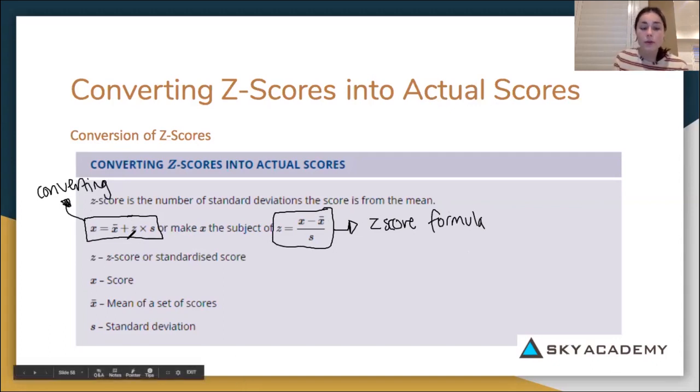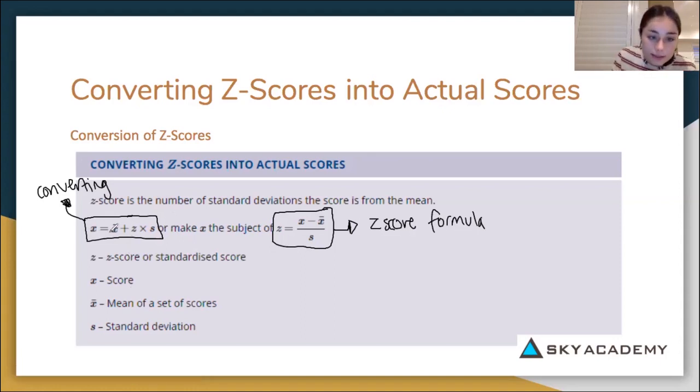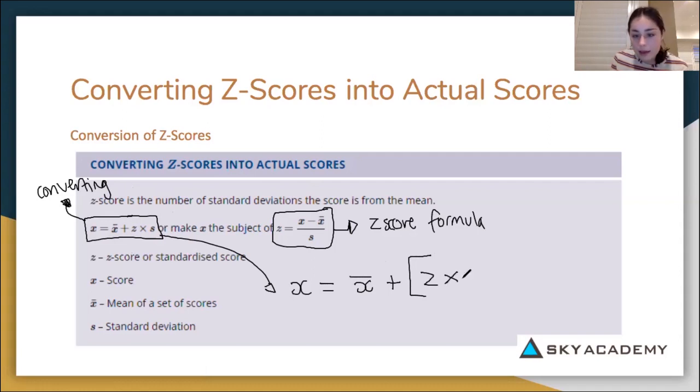This one here is the formula that we are going to use, converting Z-scores into actual scores, where X is the score, which is what we're trying to find. X with the little dash on top is just the mean of X, Z is the Z-score, and S is the standard deviation. With this formula, I actually like to write it like this, and I like to put brackets around what I'm timesing.